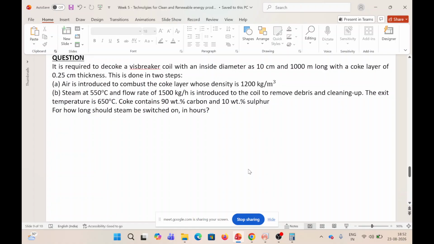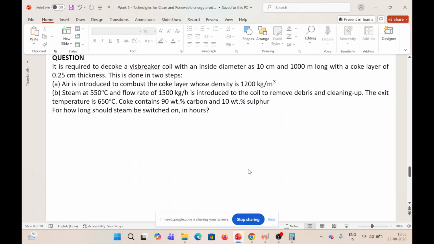First, you introduce air to combust the coke layer, then steam at a particular flow rate is introduced to remove the debris and cleaning up. The product is at 650 degrees Celsius, and the coke contains 90 weight percentage carbon and 10 weight percentage sulfur. For how long do you need to keep the steam switched on in hours for this process to complete?